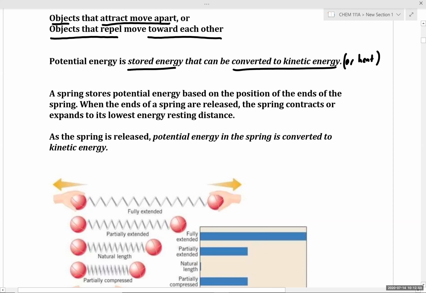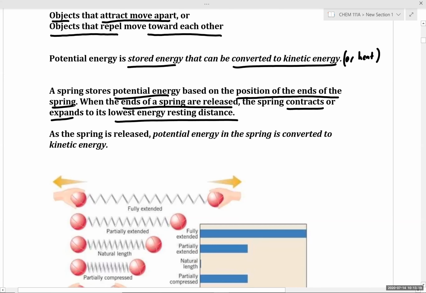Same principle. A spring stores potential energy based on the position of each of its ends. Depending on where the ends are, the spring has stored a different amount of potential energy. You can see this by the fact that when the ends are released, the spring will contract or expand to its lowest energy distance.